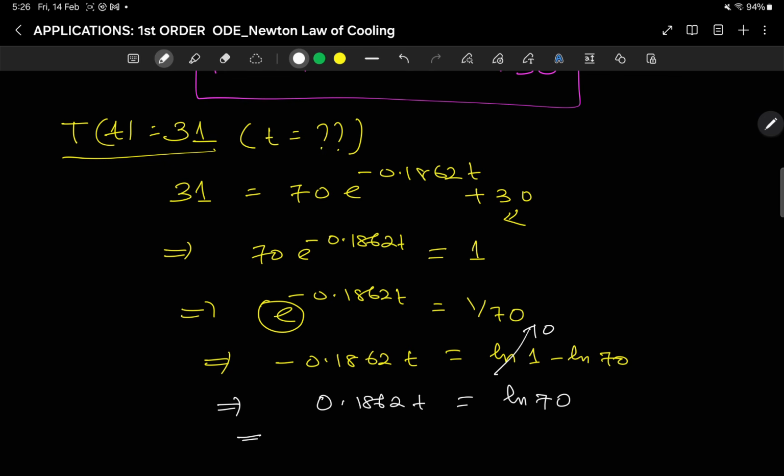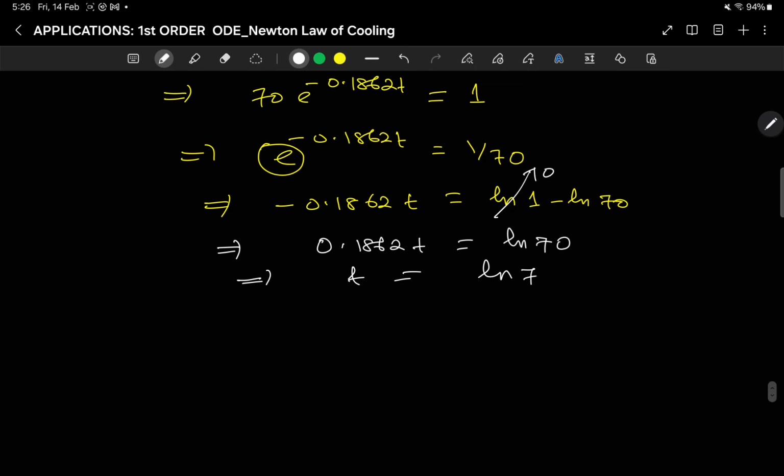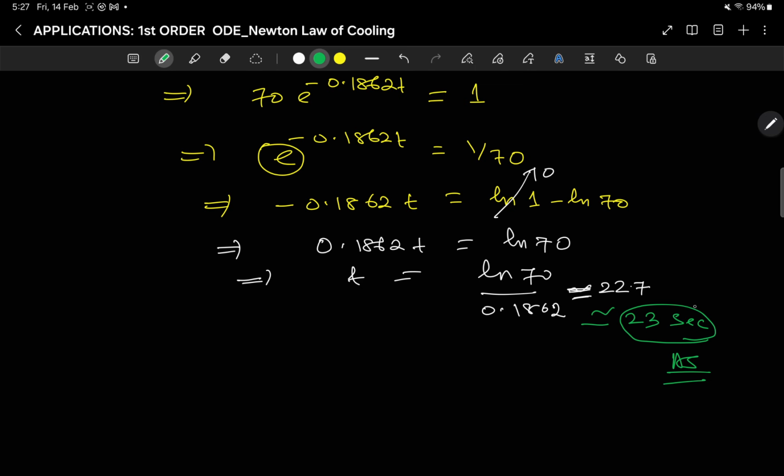So this implies t is equal to ln 70 divided by 0.1862. If you simplify it using your calculator, you will get 22.7, which is approximately 23.